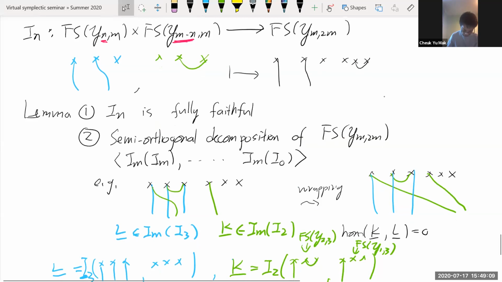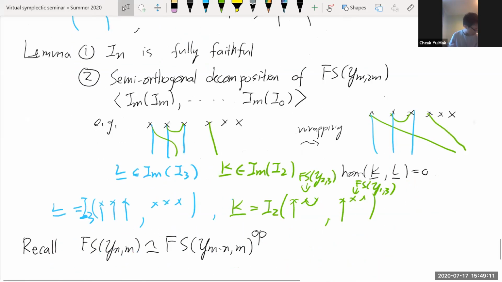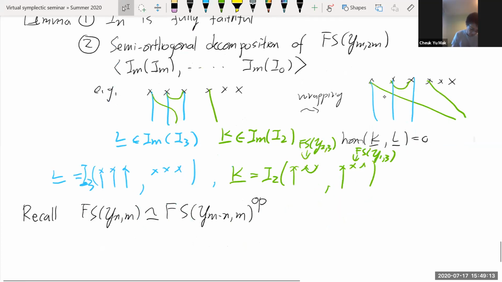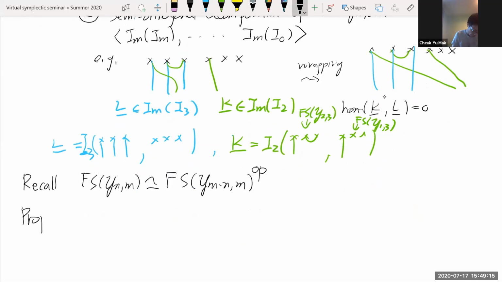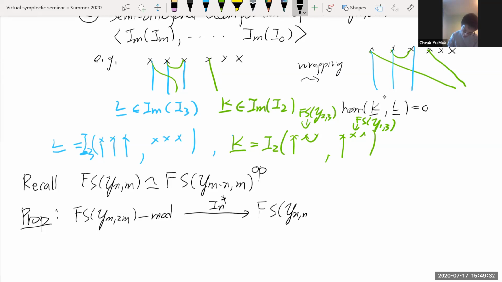So now the proposition is we can consider a left module and then pull back by this fully faithful embedding to this FS YNM cross FS Ym minus NM module.